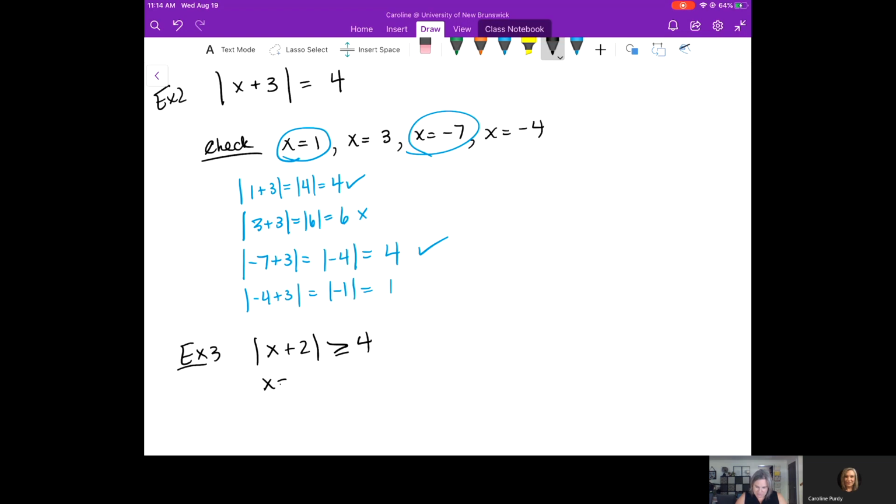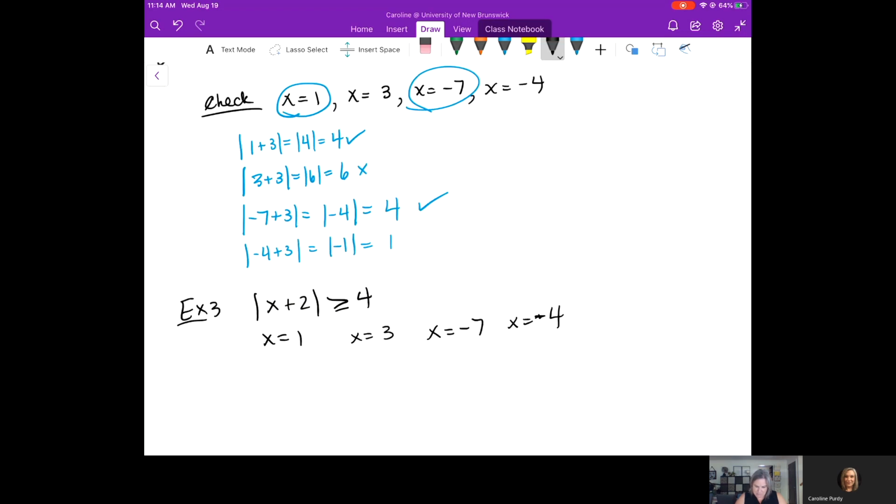So if I were checking these same numbers, which ones work now? Well, when I plug in x equals 1, I get 1 plus 3, which is 4, and I would say greater than or equal to 4, so that one works.